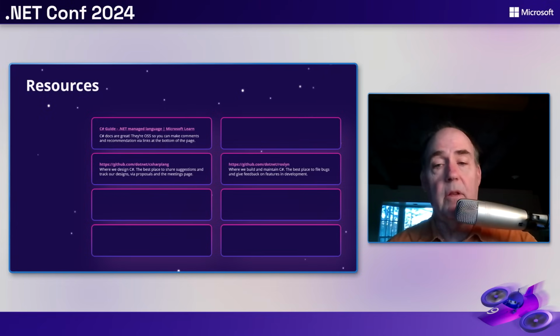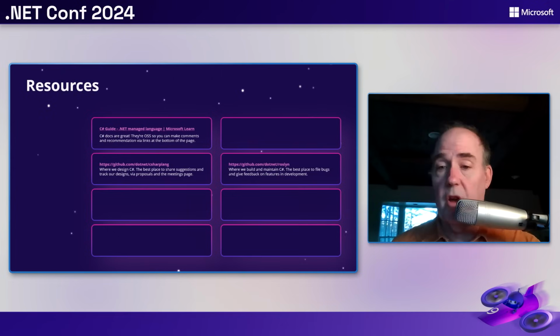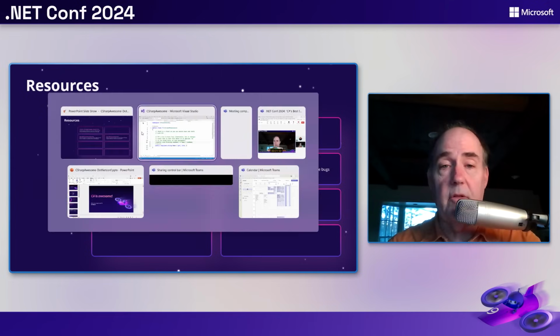And GitHub.com/dotnet/roslyn is where the compiler development happens. So those are places where you would want to keep track of what's going on. If you want to participate in the community on building C#, talking about what the features are, looking at bugs, or any other feedback on anything else in there.